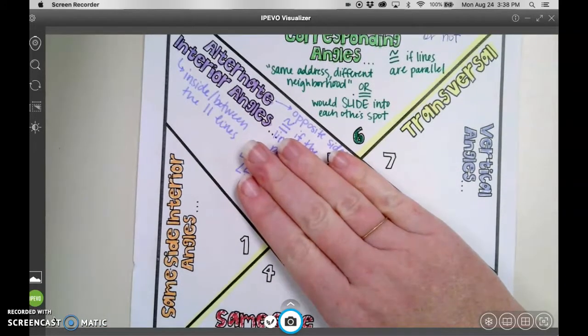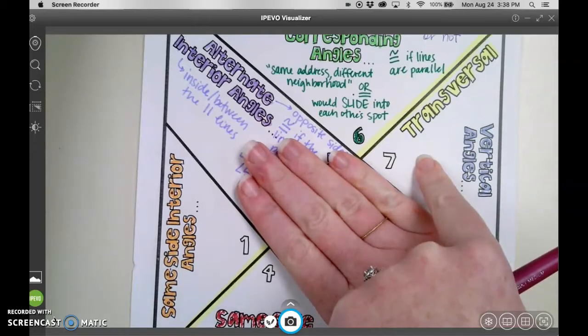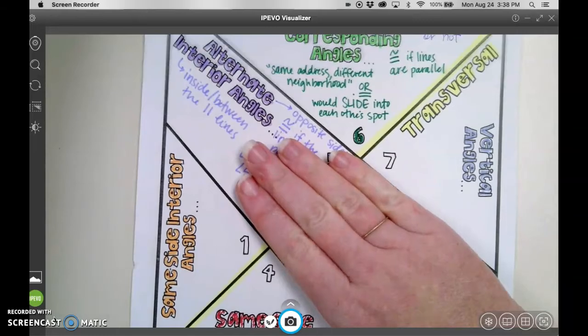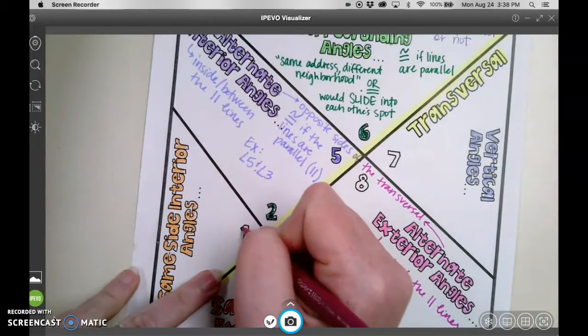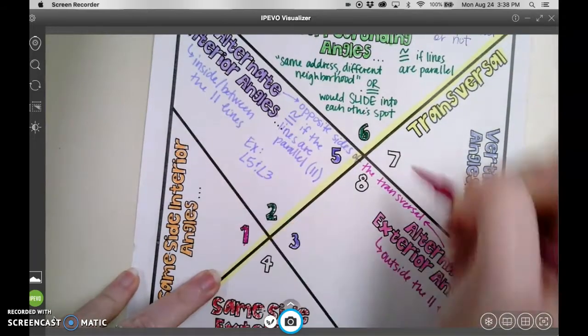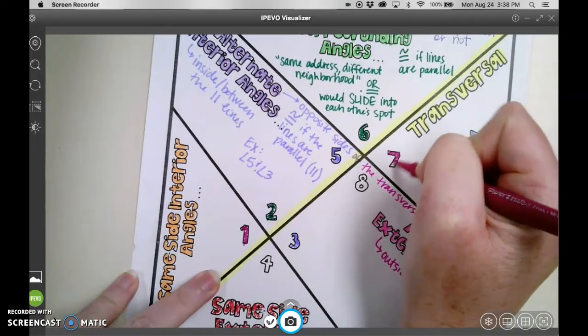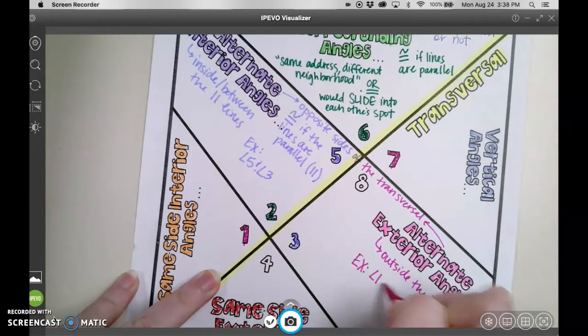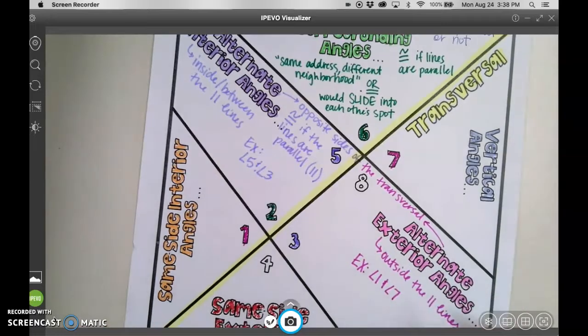The ones that are alternate exterior would be like 1 and 7, as far apart as you could get, or 4 and 6. Those are also as far apart as you could get, so they are alternates. I'm just going to use 1 and 7 to give ourselves one example. Alternate means opposite sides of the transversal, exterior, outside the lines.